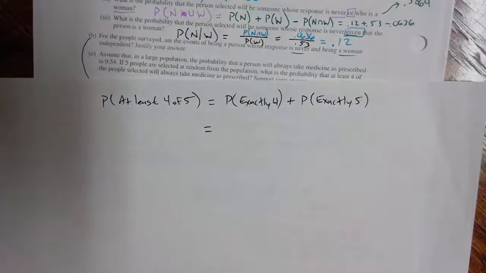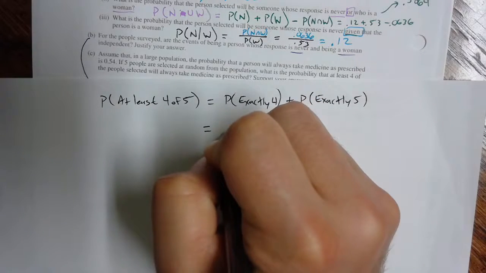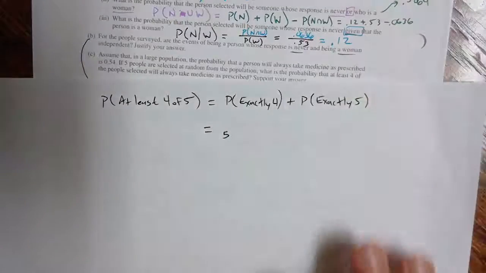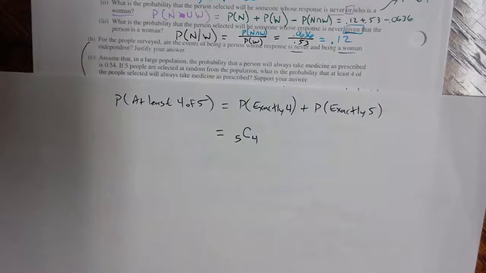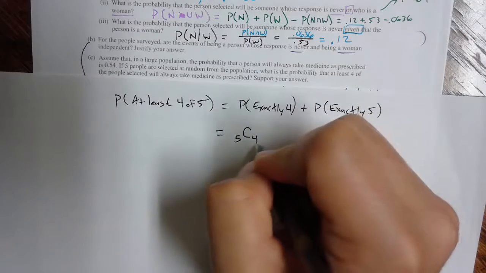So the binomial calculation here, we need to start with our number of objects. In this case, there's 5 objects that we're starting with, and objects are people. And we need to choose any 4 of them to be success here. So it doesn't matter which 4 of the 5 people are going to be taking their medication, but at least, or exactly 4 of them.